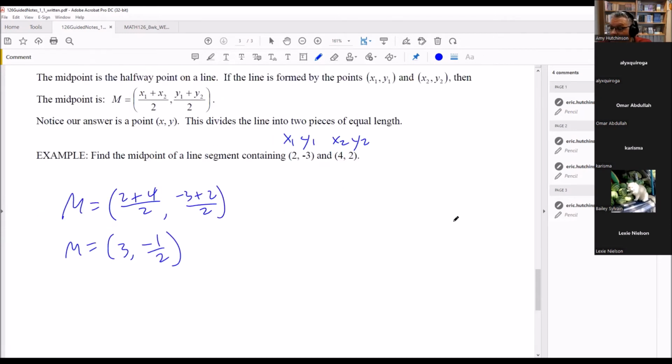So even though it doesn't ask you to do this, I'm just going to go ahead and plot this for you, just so visually you can see what it is we're actually doing here. This is also a review of plotting. So if I wanted to plot this, I have 2, -3. I would go 2 places to the right, and then I would go down 3 units to here, and then 4, 2.